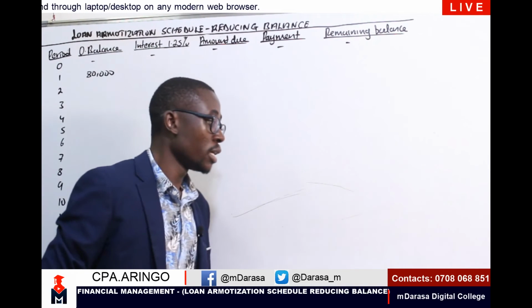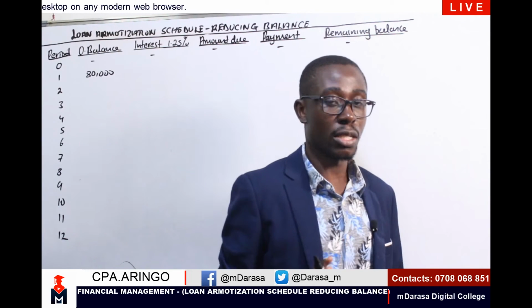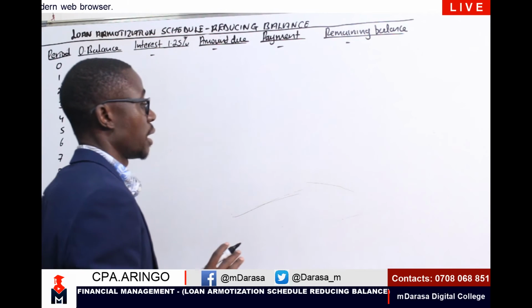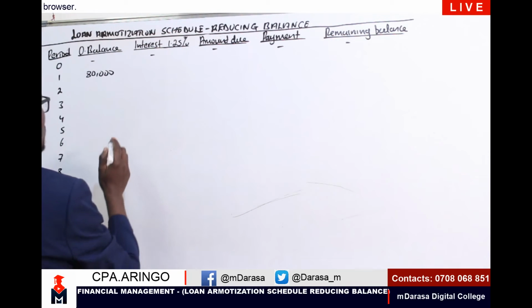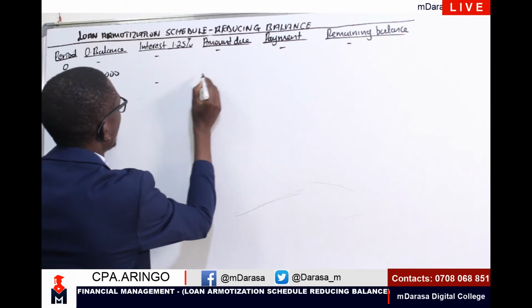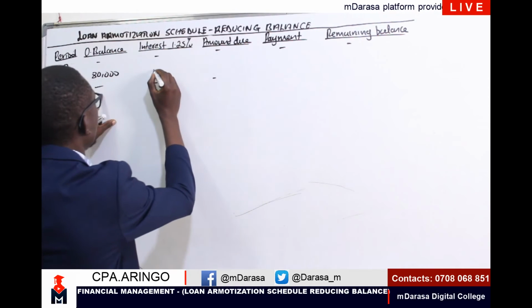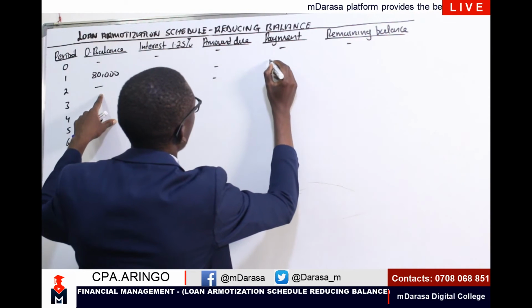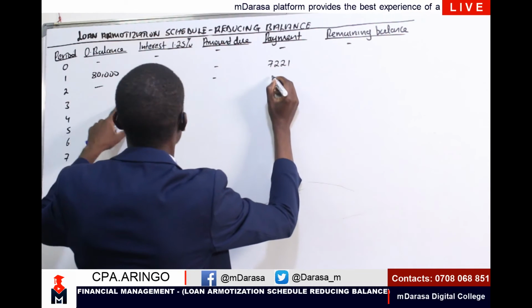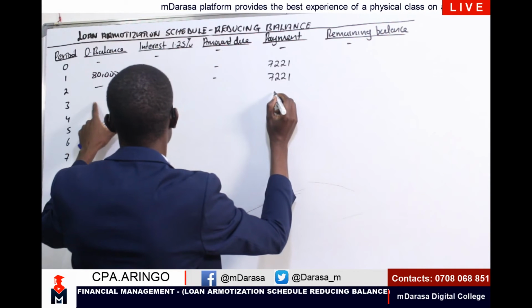So that at this point, my payment, we had already computed that. Recall the one that we had computed when we started, where we had 7,221. So basically in this case, just to make sure that I'm on the right line, I start with year 1. I'll be having 7,221. This should be equal all through 7,221. Recall you had already computed this one, right?